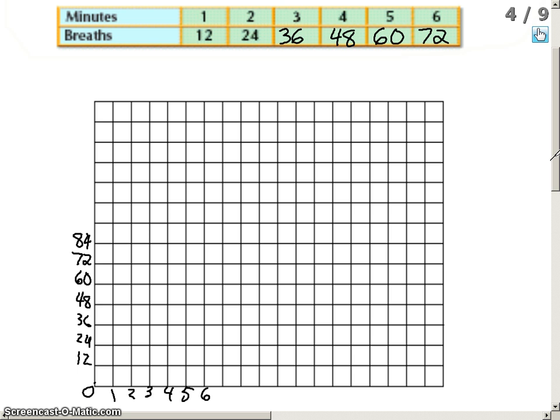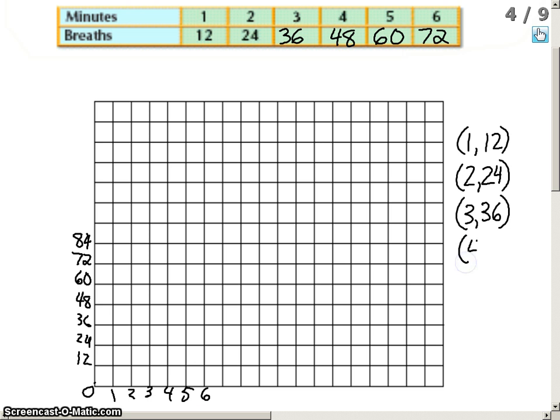So what I want to do first of all is write down my ordered pairs. I'm just going to write it to the right hand side of my grid here, my graph. 1 and 12, 2, 24. This will just help me see how I can plot my points. 3 and 36, 4 and 48, 5 and 60, and then 6 and 72.